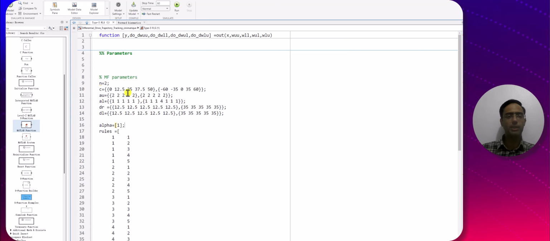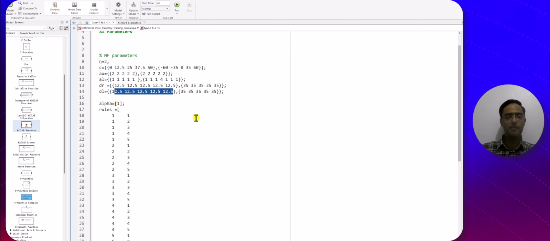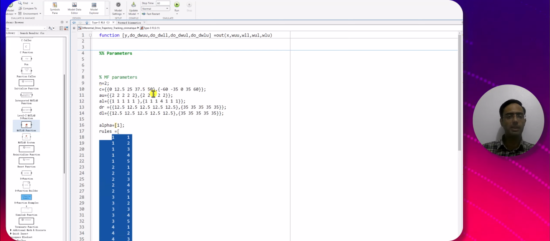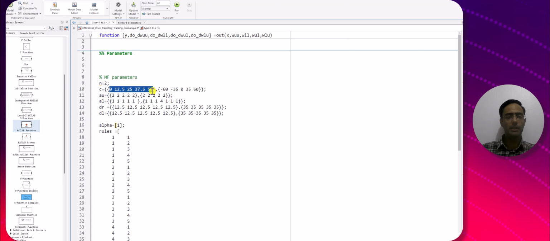Here we just need to write the center of the membership functions, the distance of the centers to the right side and to the left side for each membership function. And finally, we need to write the format of the rules and determine the consequent parameters. So let us start with the antecedent parameters.